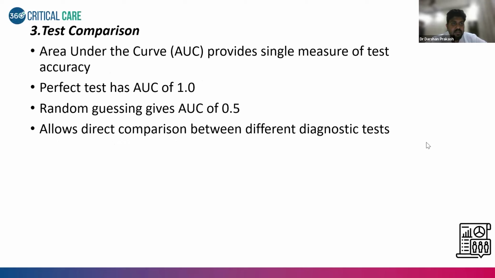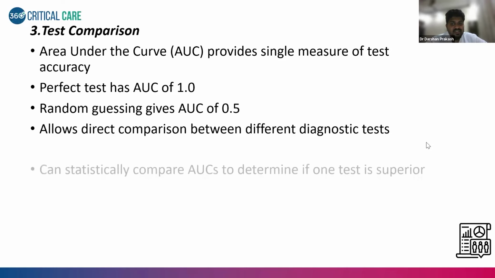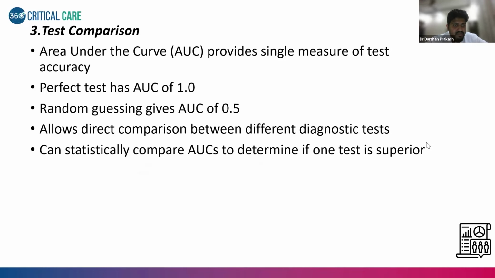The perfect test score, as we were assuming for all true positives, will give you an area under the curve of 1. By and large, the assumption is that random guessing will be around 50%, that is 0.5, the midline. It helps us determine which test among the two or three we have taken is better or superior compared to the other.